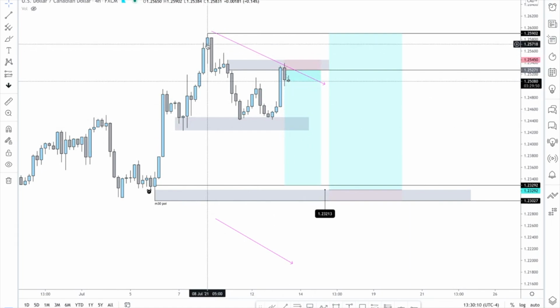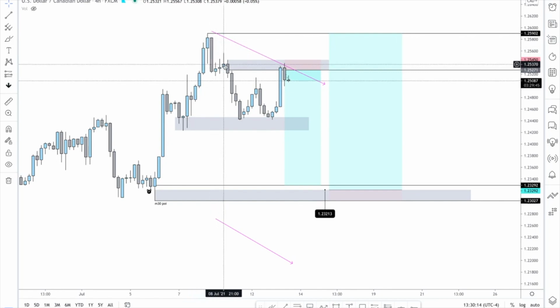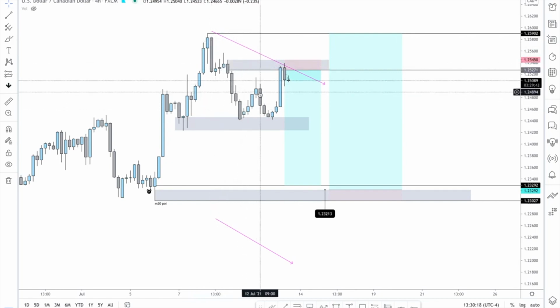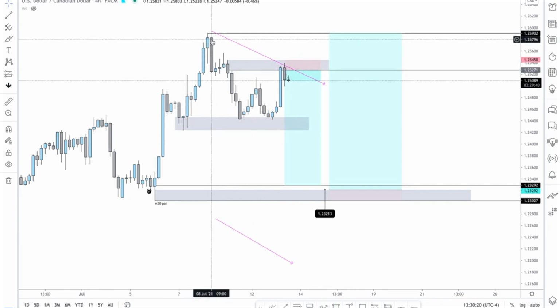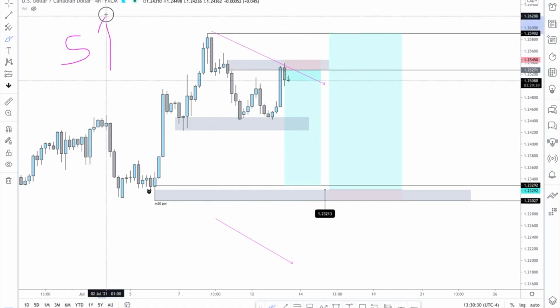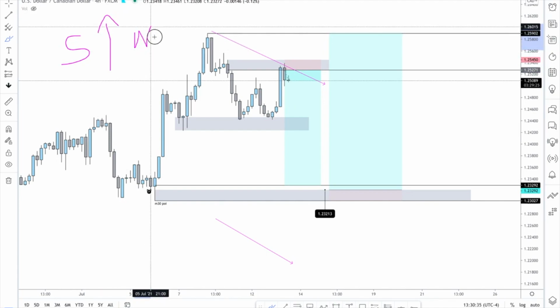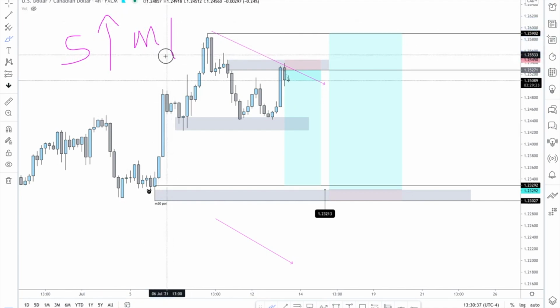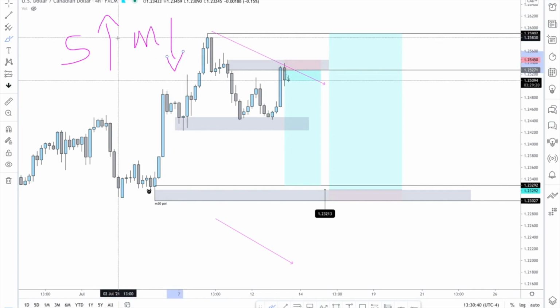Overall, the highs are getting lower, right? So that means that there are more sellers within the market, right? So the bearish volume should be increasing, right? Because if the sellers are increasing in pressure, then that means the market will move to the downside. If you have more sellers, then price is going to move down. So we have more sellers, sellers one.